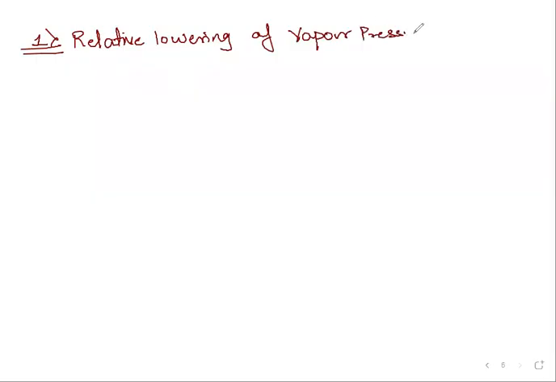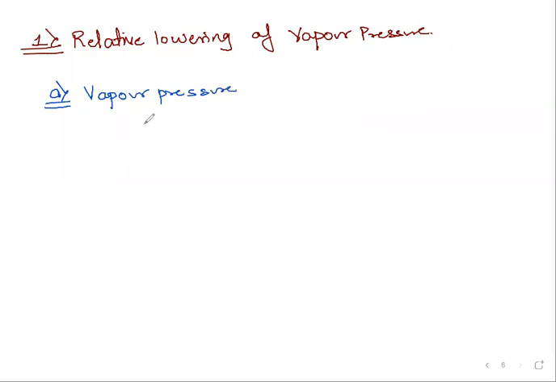So we'll start with the first one, relative lowering of vapor pressure. First of all, we'll study what is vapor pressure. We have learned this in the gaseous state, but let's have a look once more.